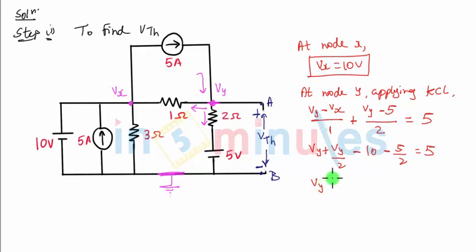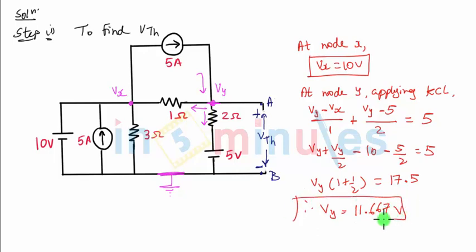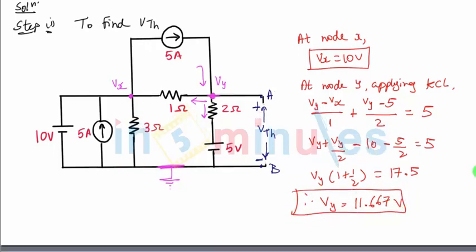So that will be Vy into (1 plus half), and this minus 10 goes here, becomes plus 10, plus 5 is 15, plus 2.5, so that's total 17.5, and therefore Vy is equal to, so this will be 3 by 2, which is 1.5, so 17.5 upon 1.5 will give me the value of Vy. Vy becomes 11.667 volts. And as we have already discussed, Vy is nothing but equal to VTH.